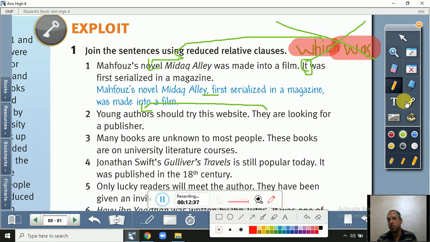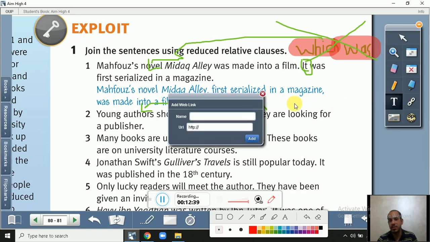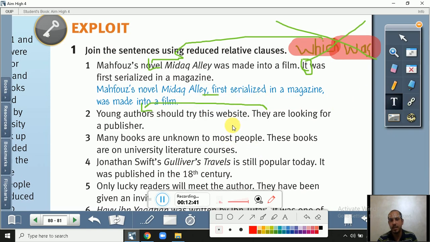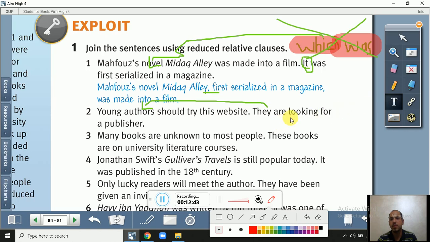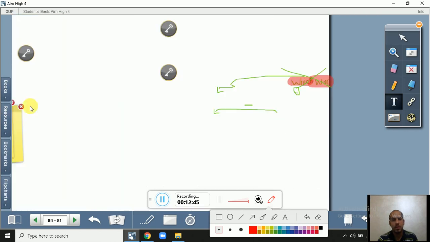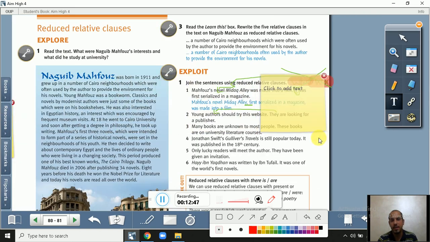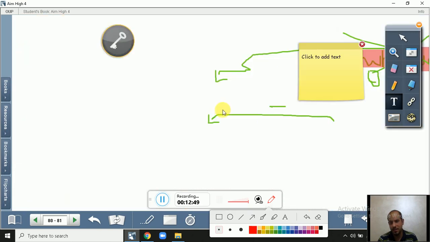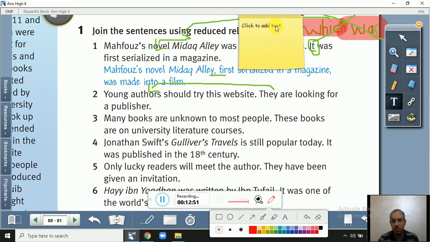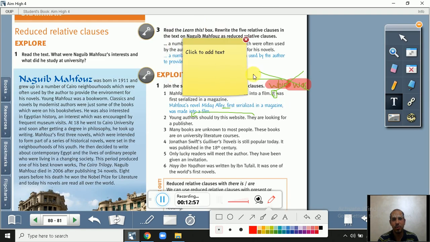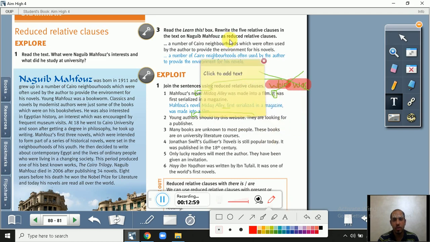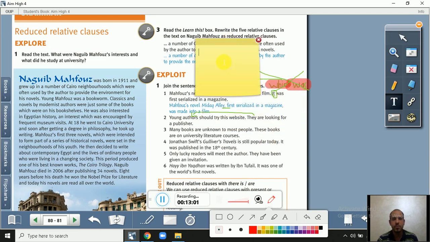So I am going to join these sentences together. Okay, let's try. I should write it in this way.